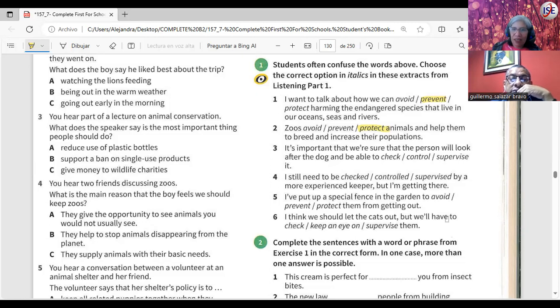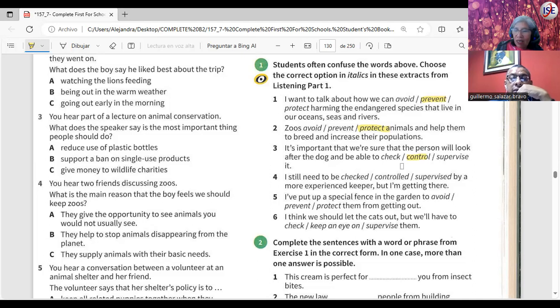You check something, you supervise people to see if they are doing things well, and of course you control a dog. Remember, uno usa check para verificar si algo está correcto. Uno usa supervise para verificar si las personas están haciendo las cosas bien. And it's a dog, so you cannot check the dog and you cannot supervise the dog.